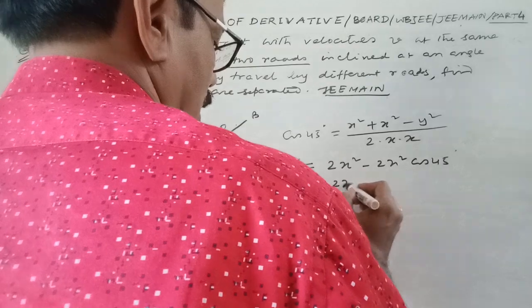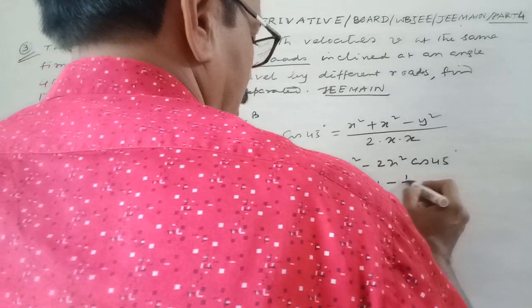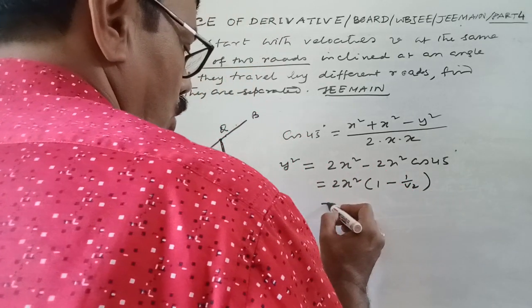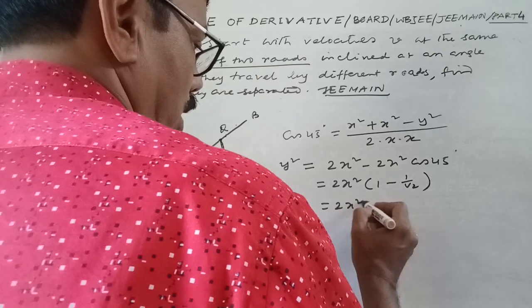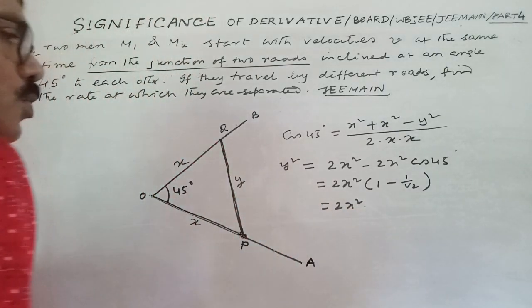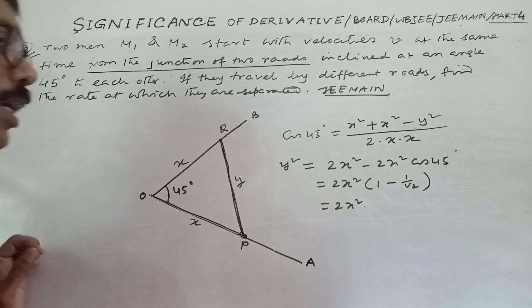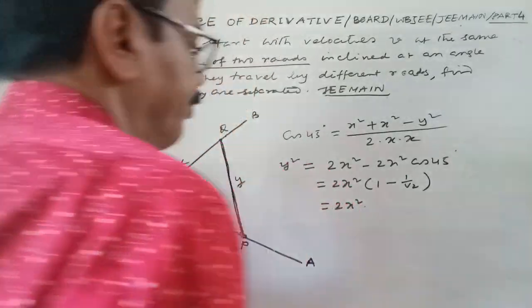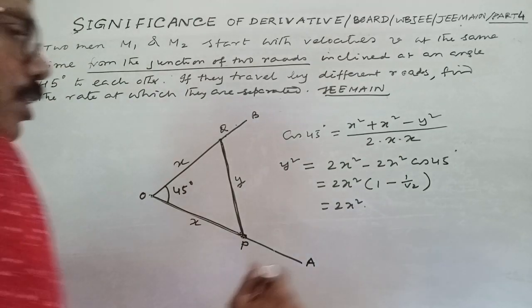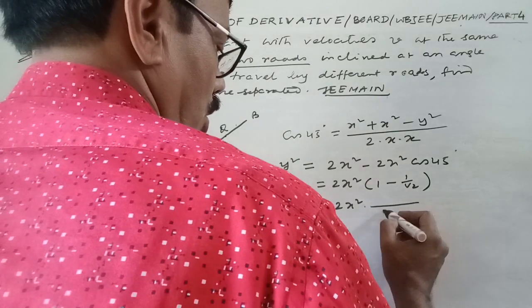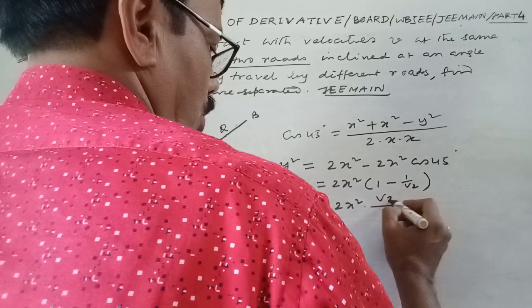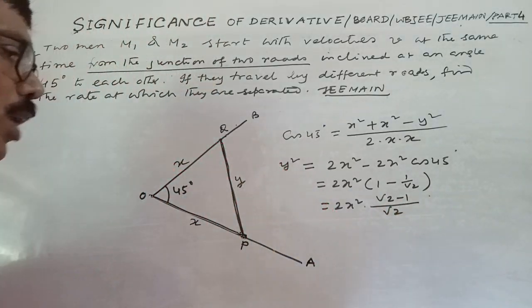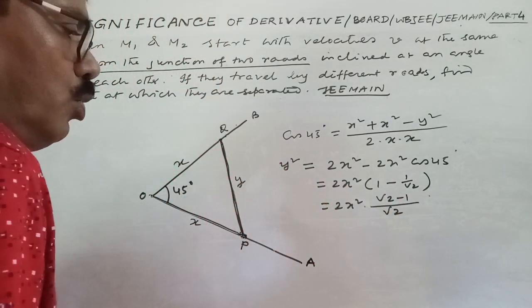Taking 2x square common, 1 minus 1 by root 2, so 2x square times (root 2 minus 1) by root 2.